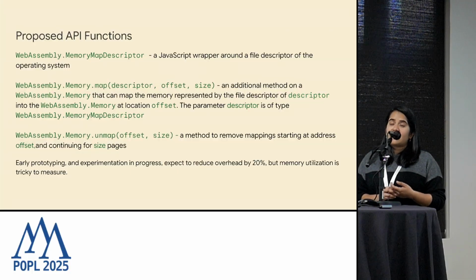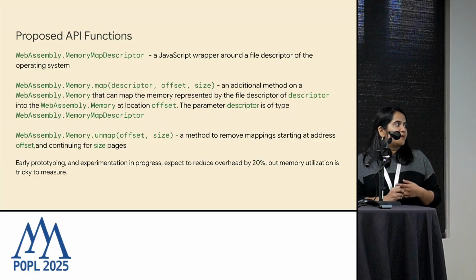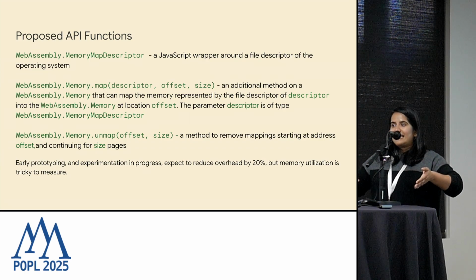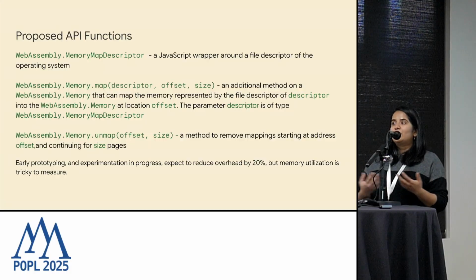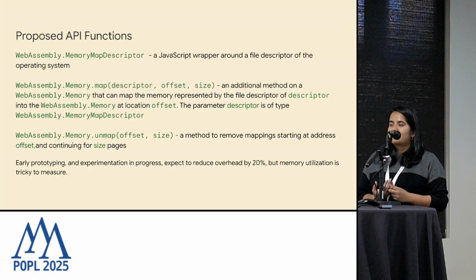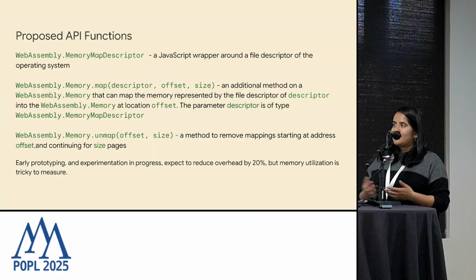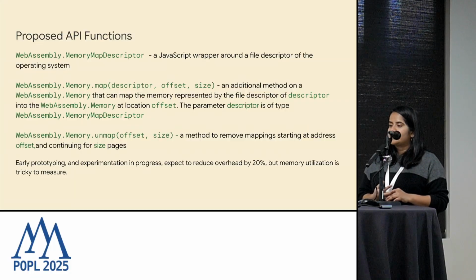By our estimates right now, we expect to reduce overhead by 20%, but the overhead of memcopy is easier to measure than memory utilization itself, because that is very application dependent. So if you have an application that would be interesting for us to experiment with, please reach out to me, and we're happy to help with experimentation there.